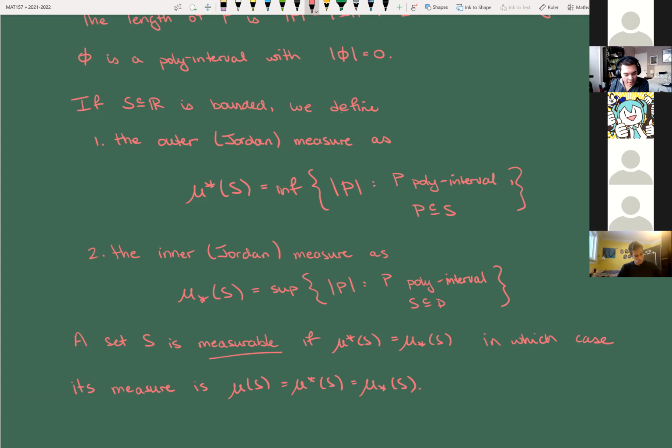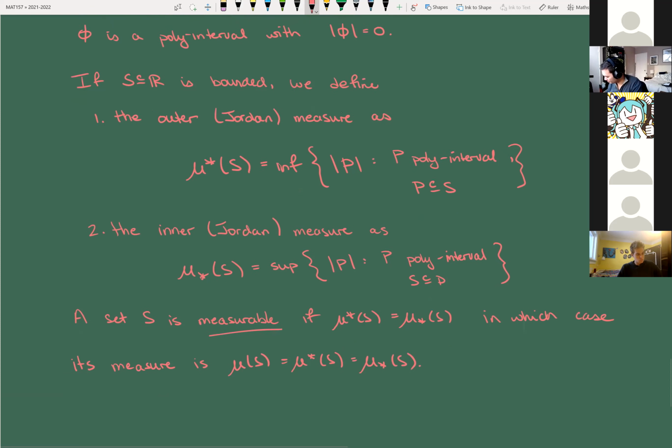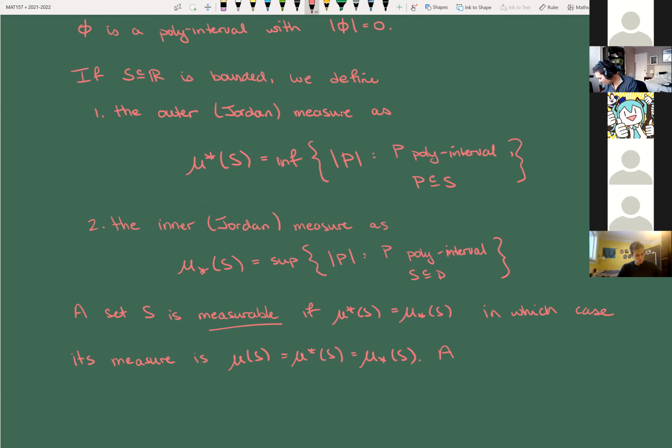Okay, and then a set is said to be measure 0 if it's measurable and has measure 0. Right, so you can say measure 0 or 0 measure, doesn't matter.